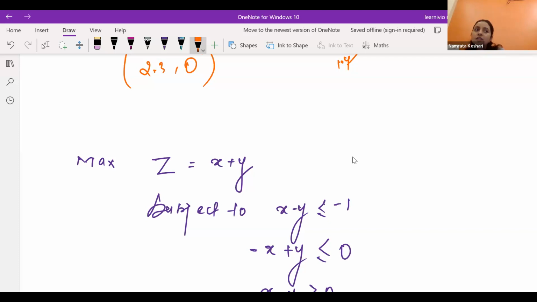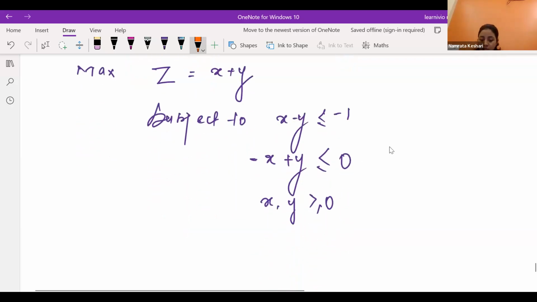If we are not getting the feasible region, then the story will end. We will say the solution doesn't exist. Are you getting a feasible region, Annapurna? No. That means the solution doesn't exist. Let me check.